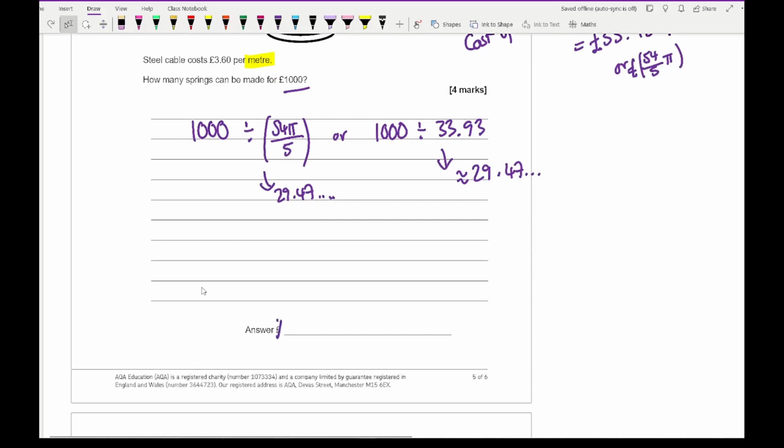Well, I don't know why there's a pound sign there, so let's just get rid of that, but the correct answer you should have there is going to be 29.